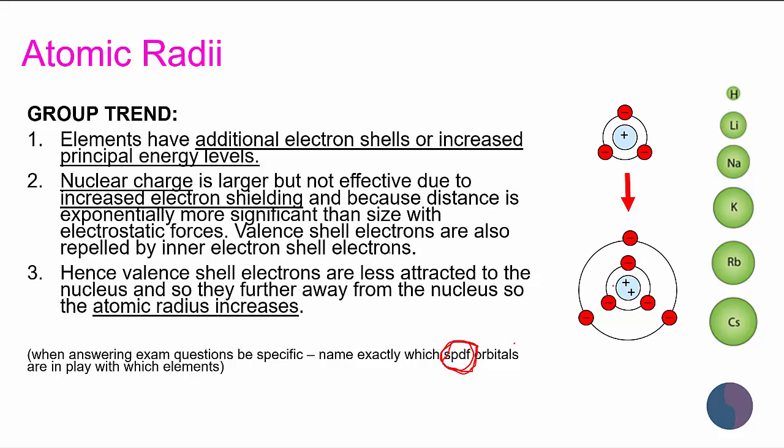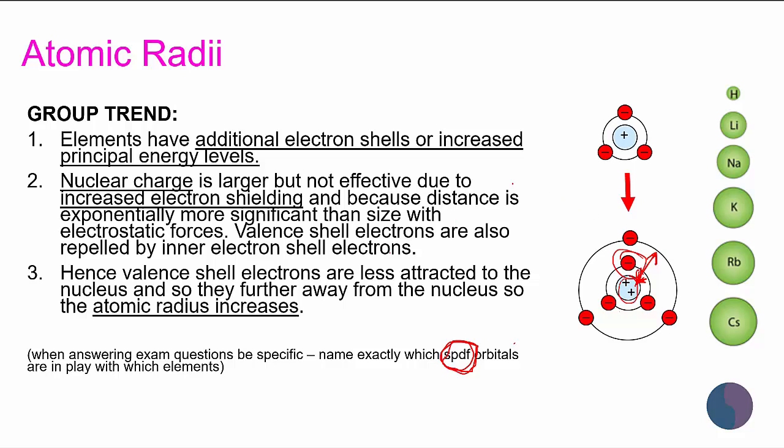Now we're talking about the nuclear charge. The nuclear charge is increasing, but it is not effective because, number one, there's increased electron shielding, which negates the effect. And number two, the distance is much greater, which is an exponentially more significant factor than just the size of the force, as we talked about before. I've tried to write that clearly because distance is exponentially more significant than size with electrostatic forces. And the valence electrons are also repelled by the inner electrons.